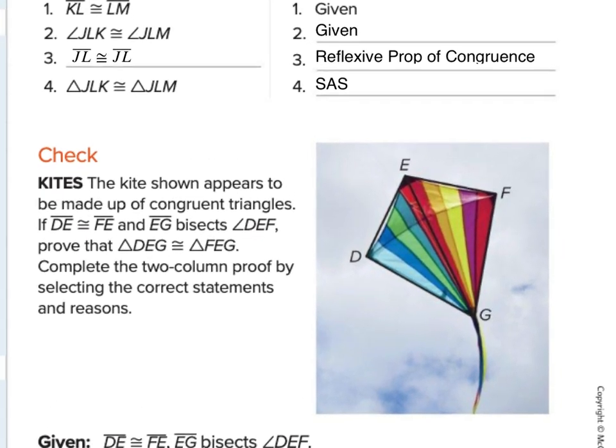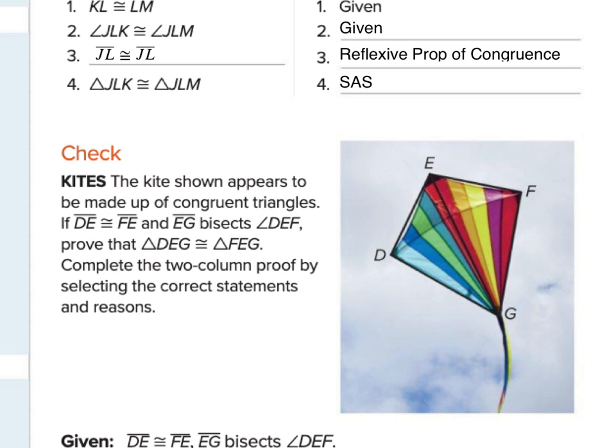Again here, let's see, what do we got going on with this kite? The kite shown appears to be made up of congruent triangles. Okay, I think they mean we have this centerpiece right here. So we have two different triangles, one over here and one over here. Tells me that DE, sort of hard to see, huh? DE is congruent to FE, all right? We know that EG, they share that line, right?